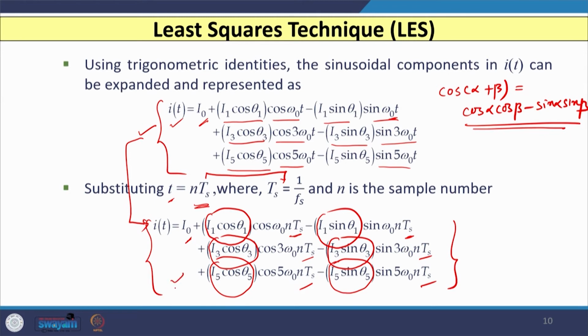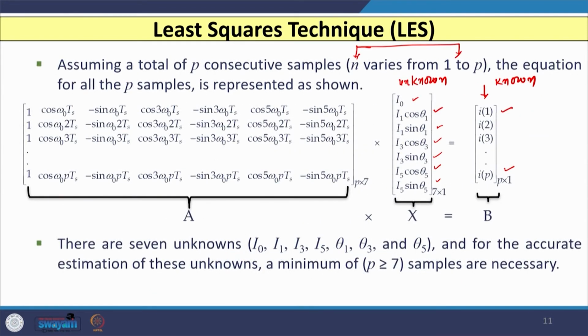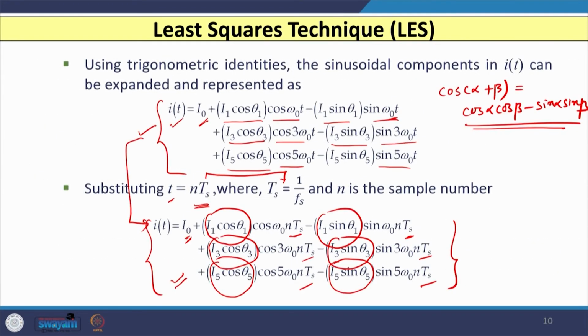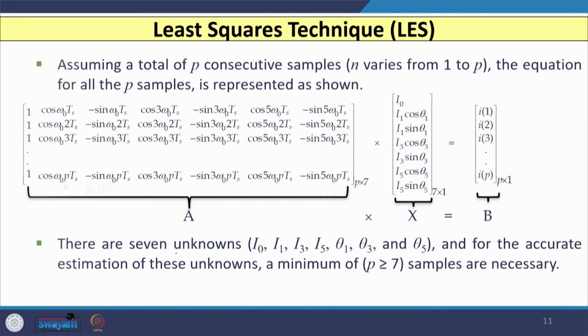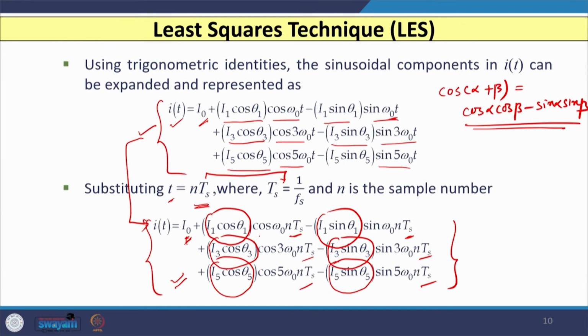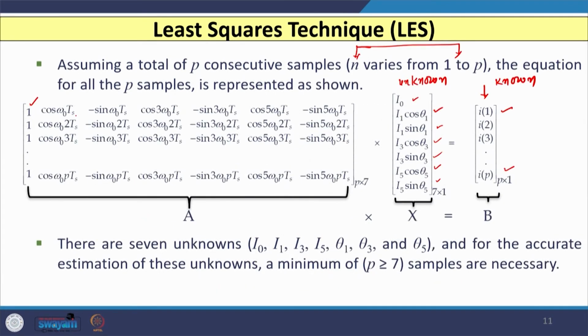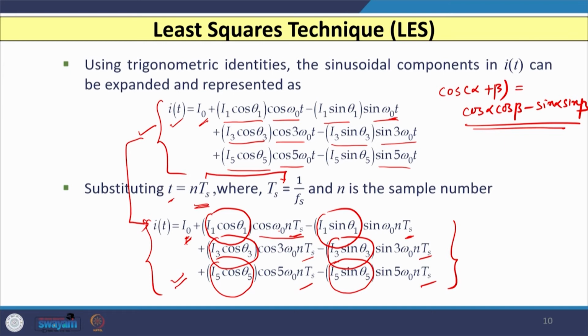So, if I rewrite this equation in terms of matrix form, you can see I 0 is there. If I take I 0 on the unknown side, this coefficient becomes 1. Then we have this term cos omega 0 n, putting sample number n equal to 1, so cos omega 0 into 1 into T s.